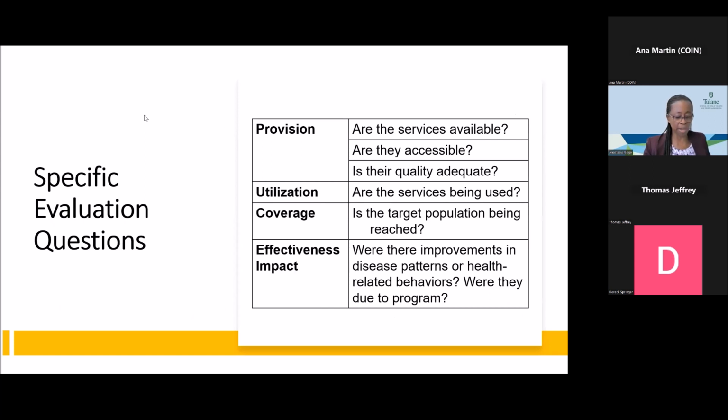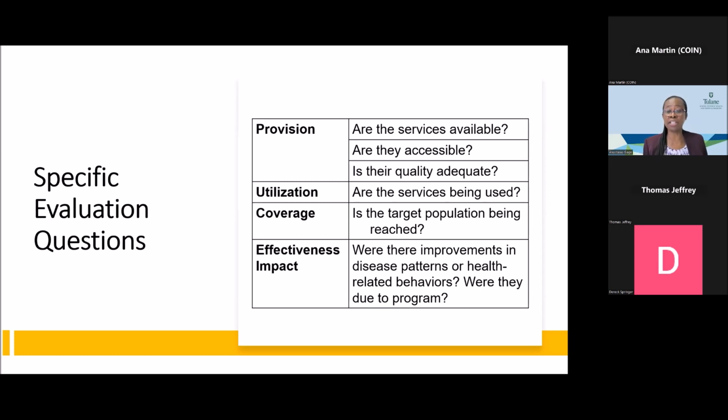One useful way of thinking about an evaluation design is to think about what question needs to be answered. So most projects want to know, are the services available? Are they accessible? Is their quality adequate, if they are working on service provision? Or for utilization, these projects might also want to know whether the services are being used.